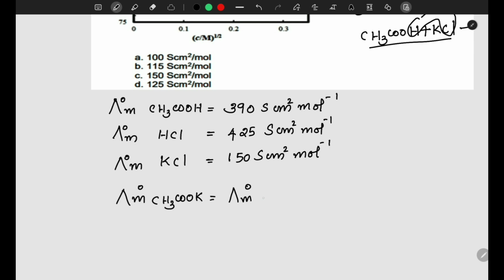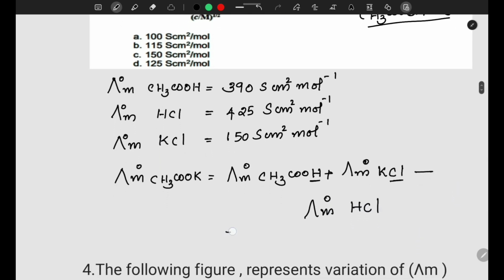So we can take the limiting molar conductivity of CH3COOH plus the limiting molar conductivity of KCl minus, now the unwanted ions we can subtract, the limiting molar conductivity of HCl.